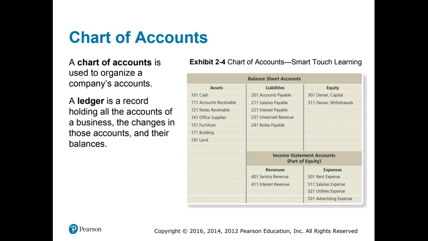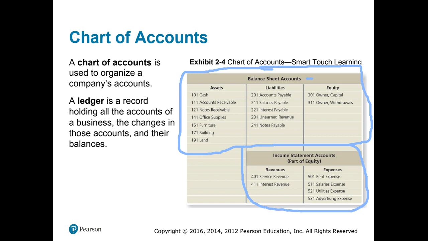So this is an example of the chart of accounts. We see here we have assets, and then this lists out all of our asset accounts. So these are all of our balance sheet accounts, and these are our income statement accounts.